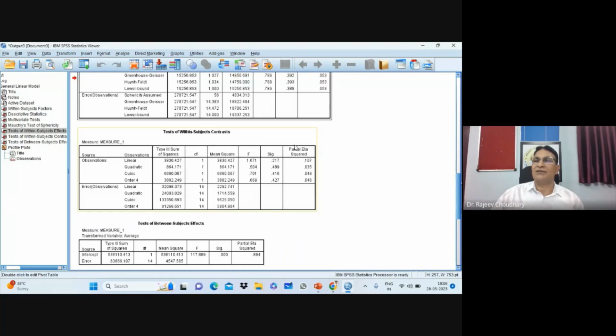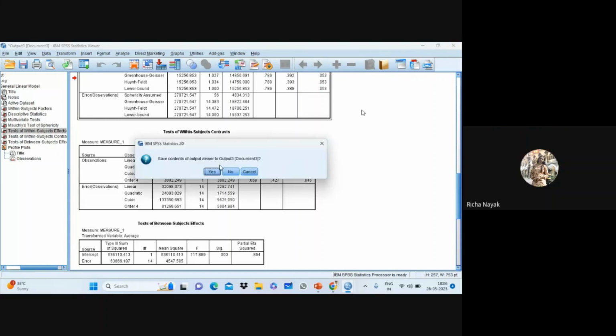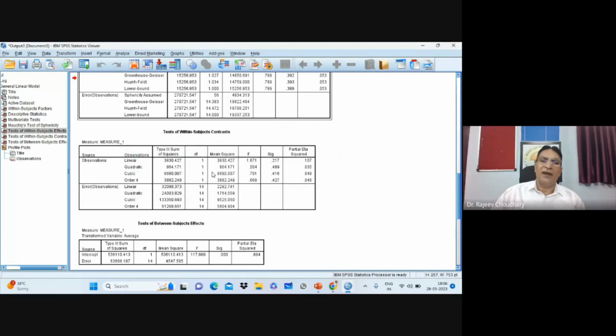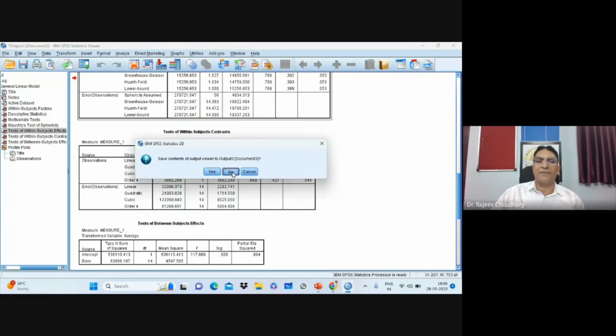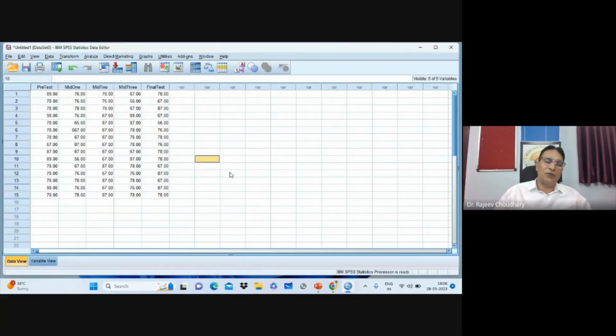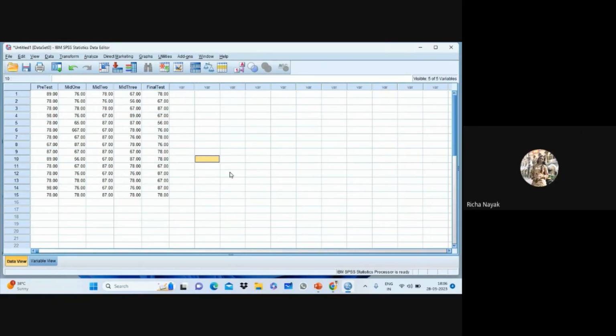So we have discussed about repeated measures. If I ask a question from you, we have discussed about 2 designs, single group design and repeated measure design. Which design is best among these 2? Repeated measure design.